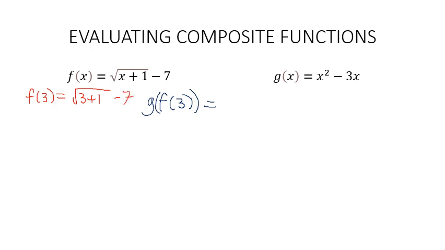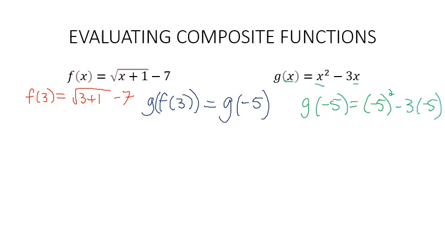So 3 plus 1 is 4, square root of 4 is 2, 2 minus 7 is -5. So g of f of 3 is g of -5. Now we can move to the outside function, which is g, and we can replace the x here with -5. g of -5 is equal to -5 squared minus 3 times -5. -5 squared is +25.